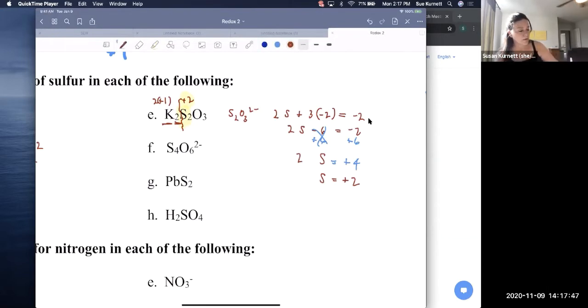Okay, so here I have 4 sulfurs plus 6 oxygens adds up to -2. 4 sulfurs - 12 equals -2. Add 12 to both sides.